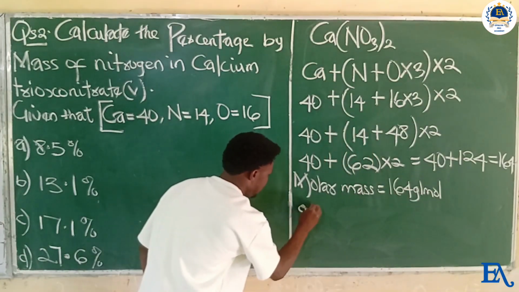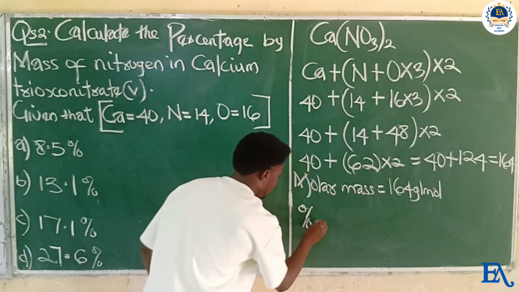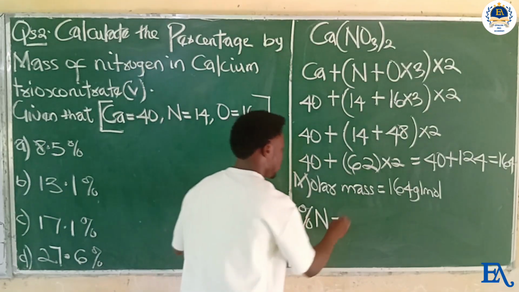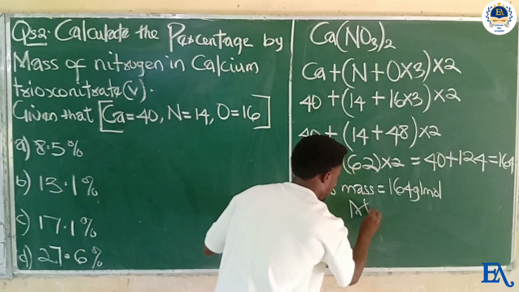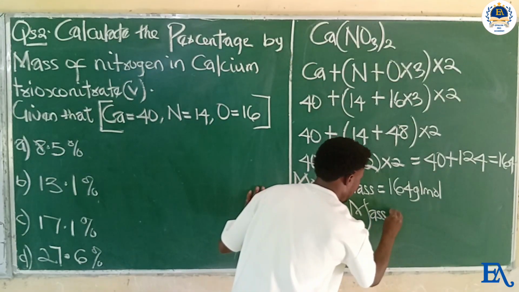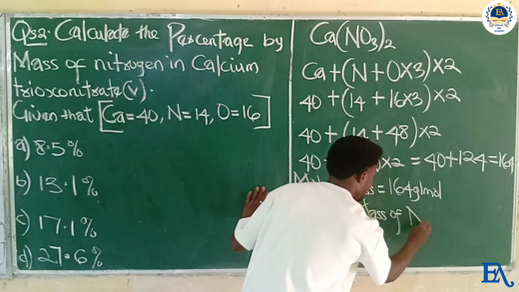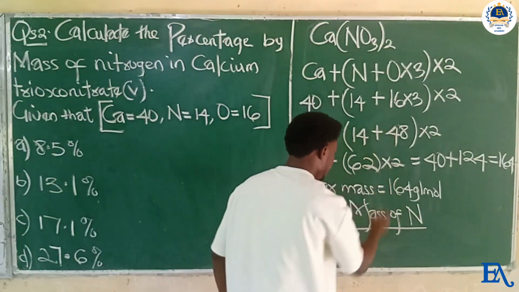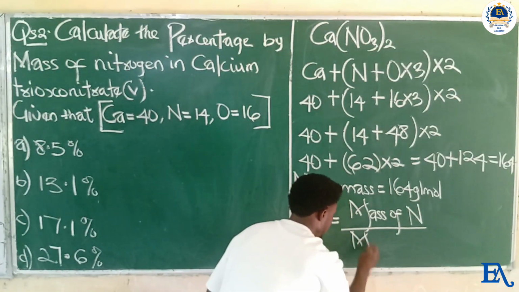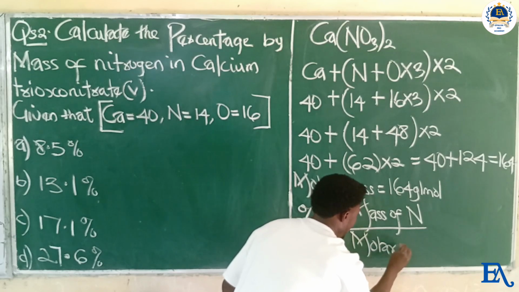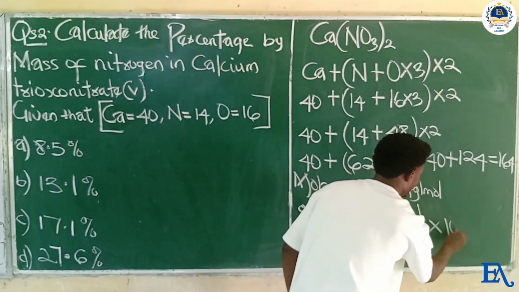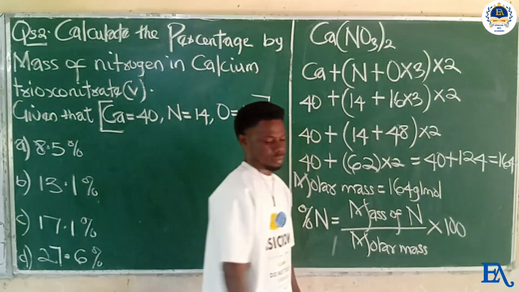The percentage by mass of nitrogen is equal to mass of nitrogen N divided by the molar mass of the compound, times 100.